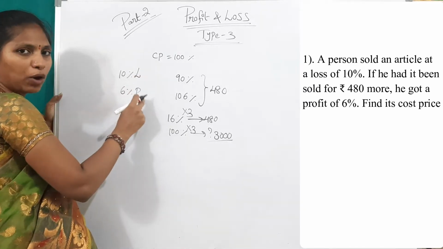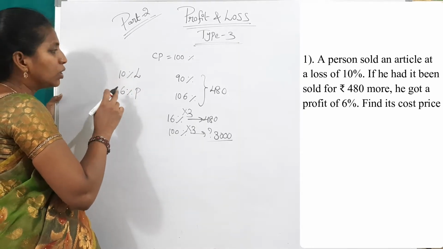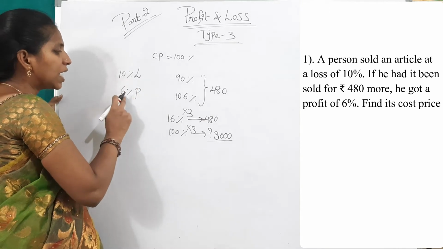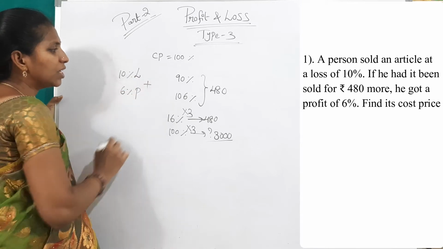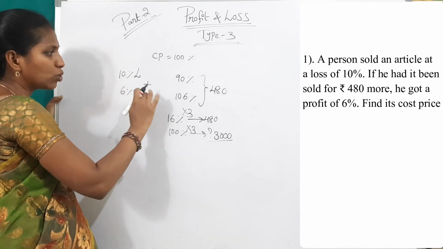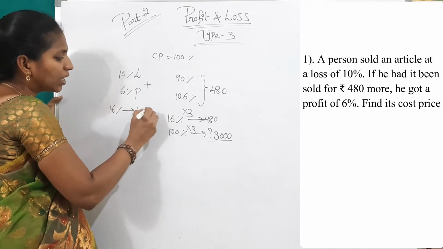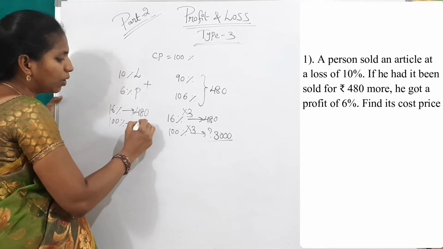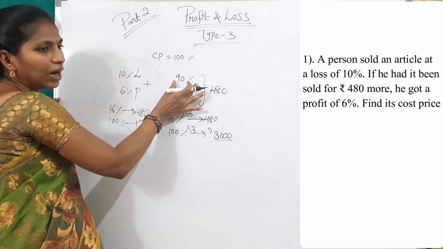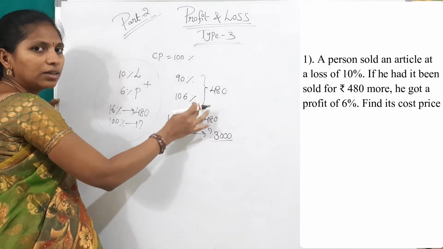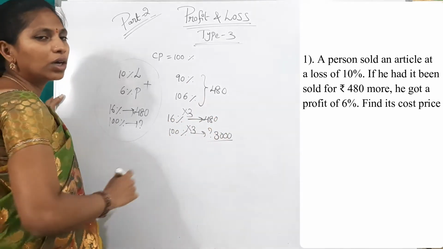But here loss and profit, these two are unlike poles, and unlike poles attract, so add these two. Directly 16% is equal to the given value, 480, then 100% is equal to what? This is a shortcut. Otherwise find out these values, take the difference, equate it to the given value, and find out the cost price.